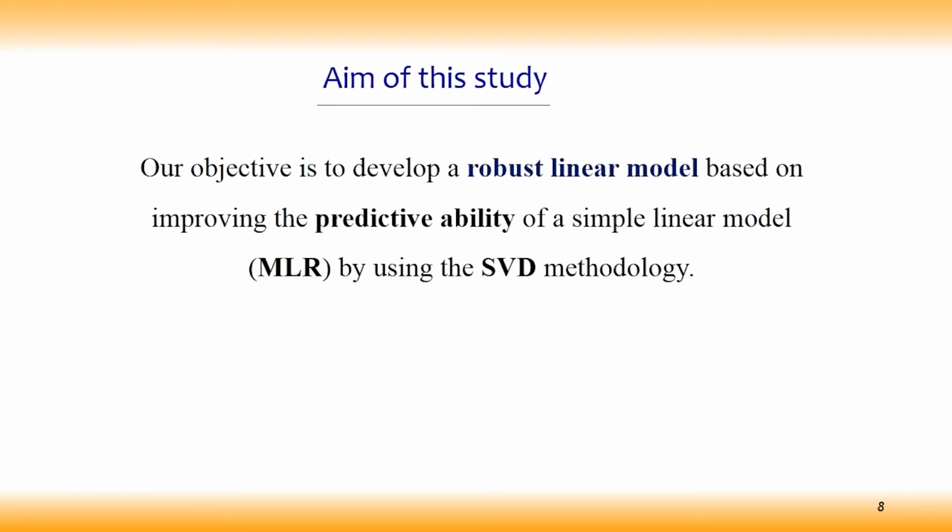The aim of this study is to develop a robust linear model by improving the predictive ability of a simple linear model, combining the multiple linear regression with the singular value decomposition methodology.